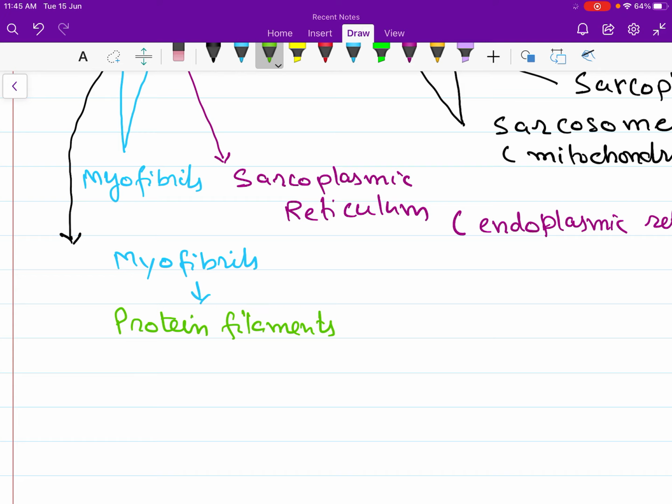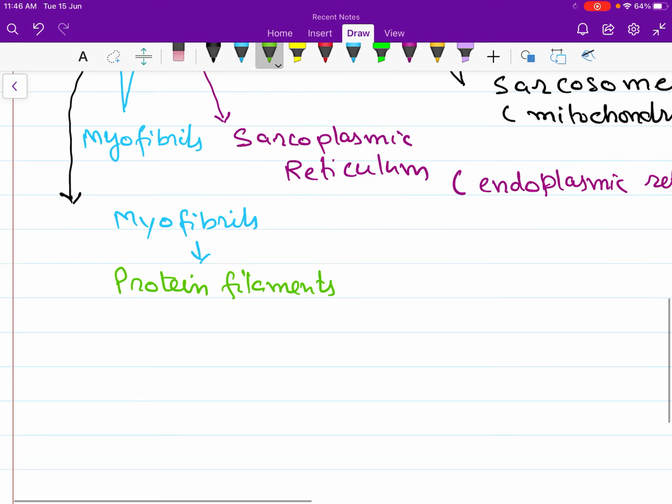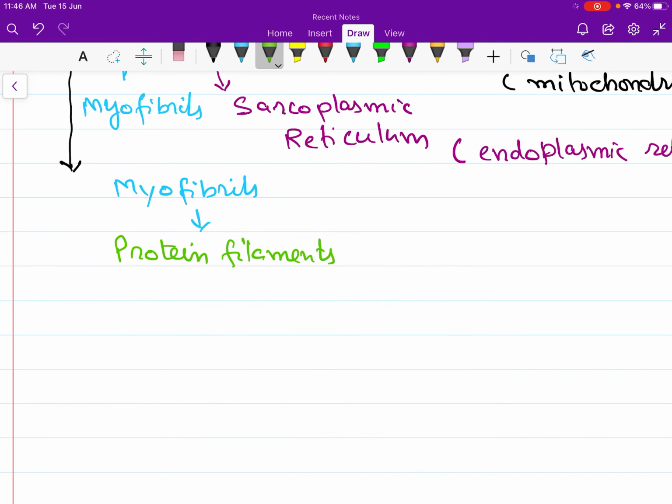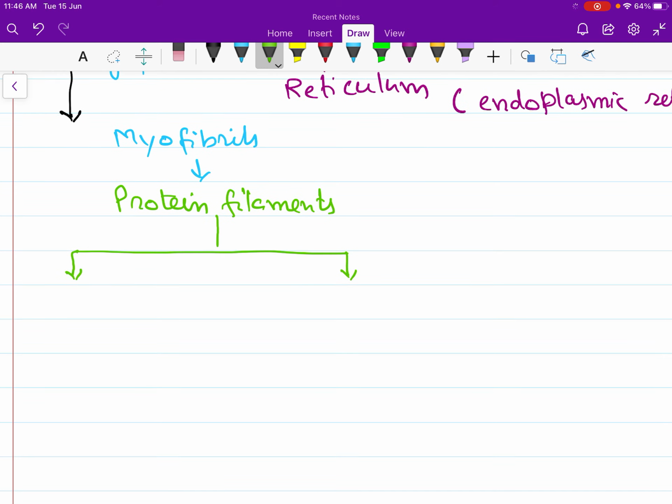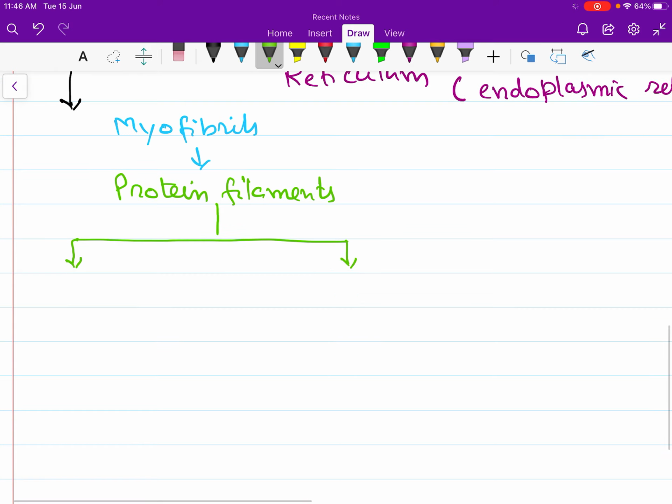Two types of protein filaments are found in myofibrils. Some filaments are thicker, and those are therefore called thick filaments, while the filaments which are thinner are named thin filaments.